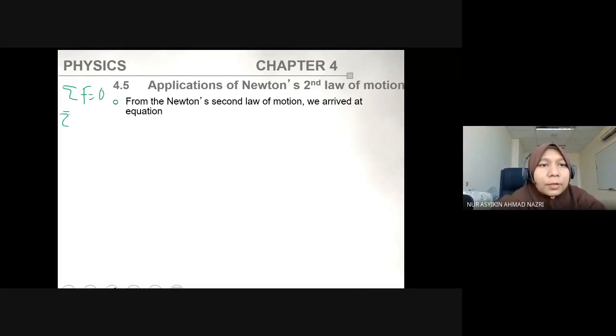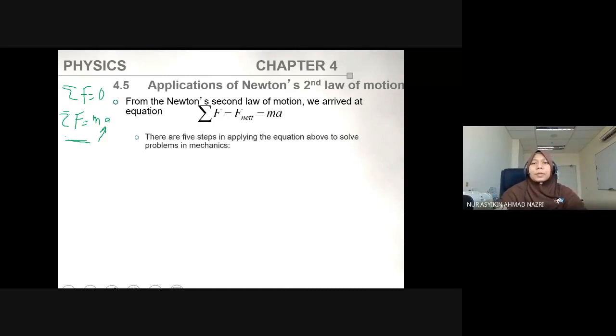For the second law, total force, there is motion, acceleration, where the velocity contributes to acceleration. So we restate the statement on the law of motion, so that acceleration is the ratio of net force to the mass. And today we're going to see the applications of Newton's law.